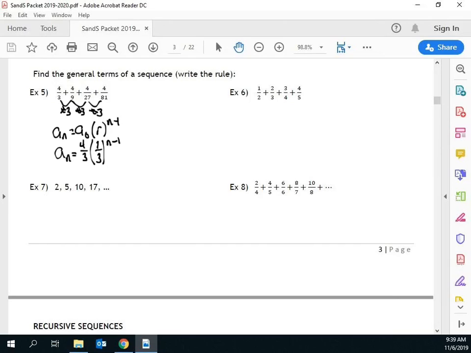Does that fit? That fits. What about the n-1? The n-1 takes care of the very first term, Johnny. Because first term, n equals 1, right? If I was to plug this in and check it, one minus 1 is 0, which means 1/3 to the 0 power is 1.